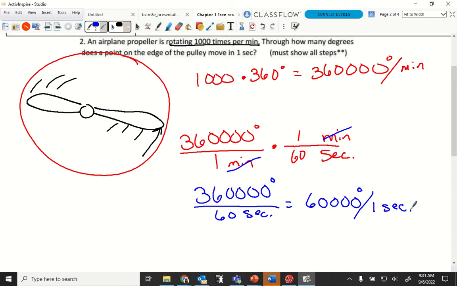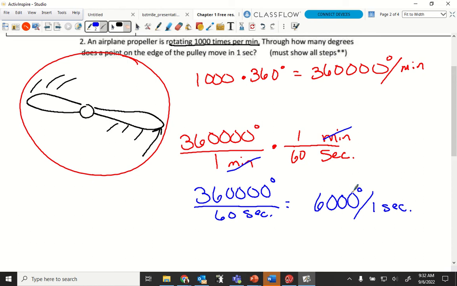Okay, that's what I figured. It's 6,000 degrees in 1 second, right? Yes? Okay.